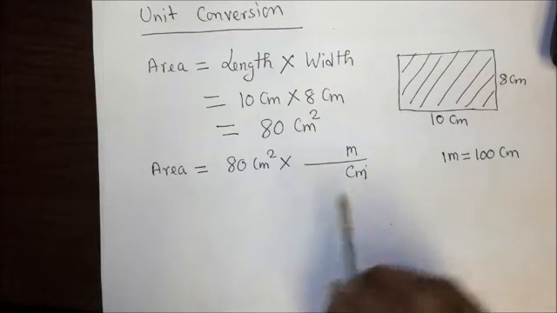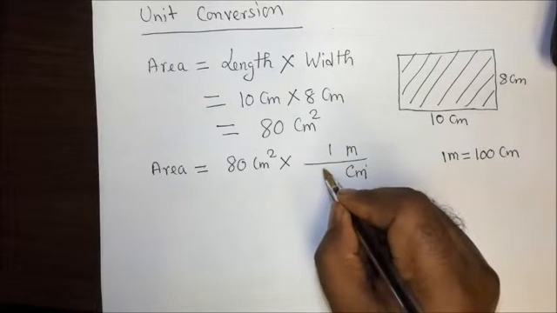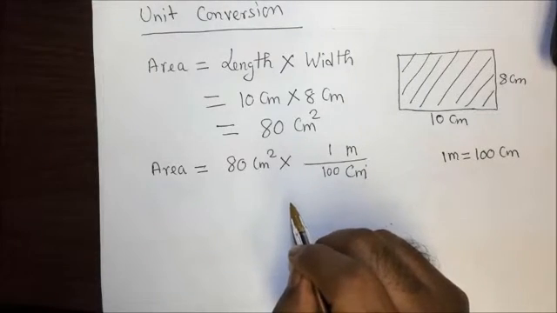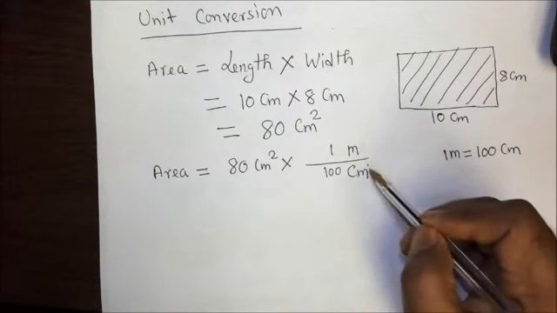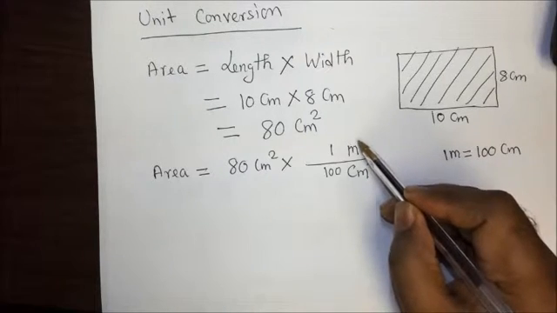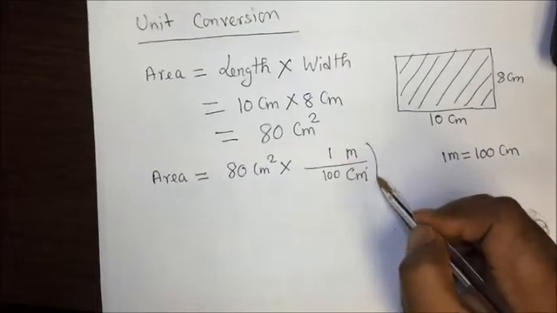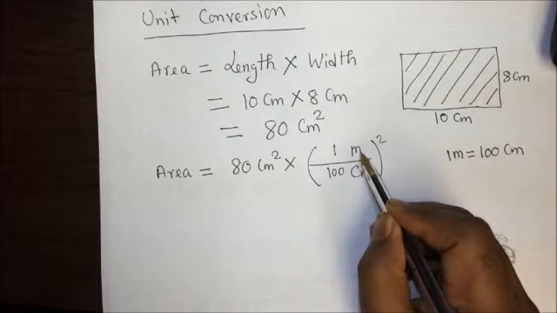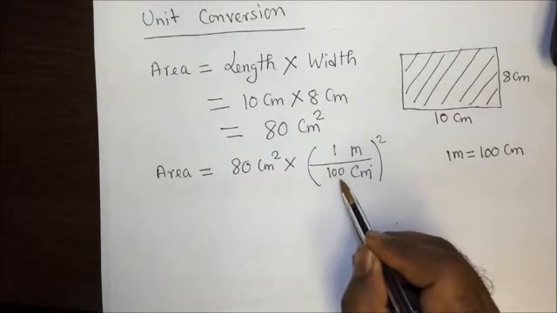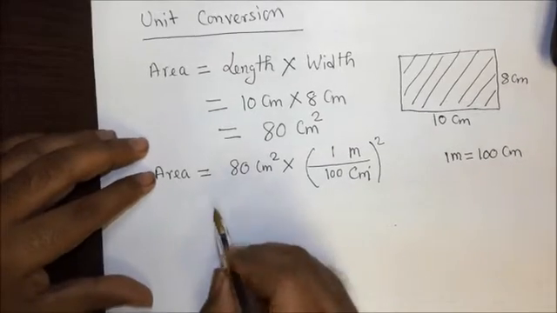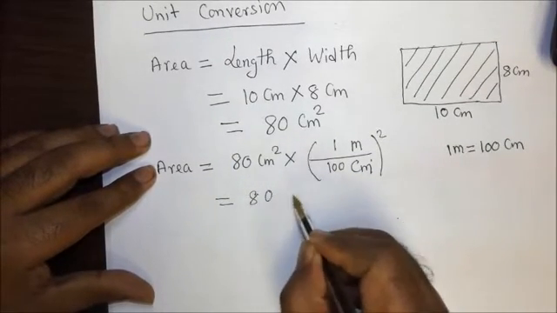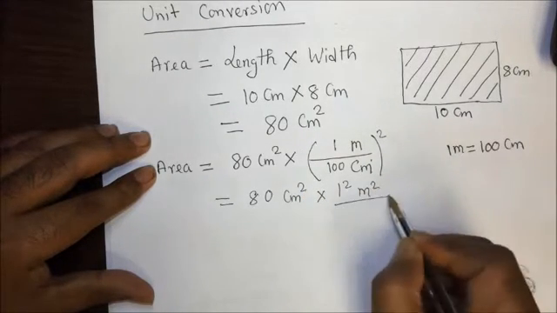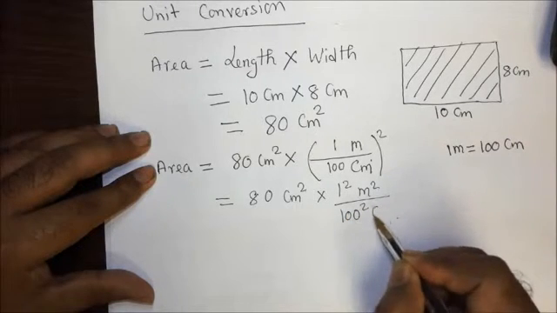Before I do that, let me copy the number. 1 meter stands for 100 centimeter. Okay? And I cannot square right here. I have to square the whole thing like this, so that when this square goes inside, this can become meter square, this can become centimeter square. So this will become 80 centimeter square times 1 square meter square over 100 square centimeter square.